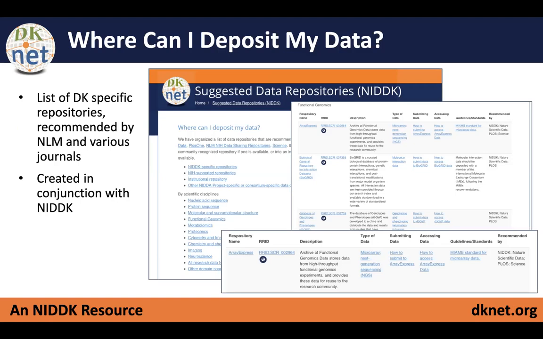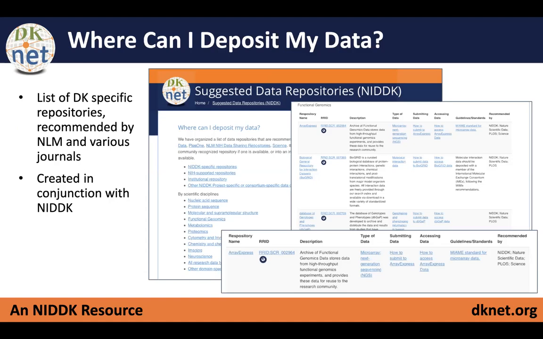You have generalist repositories, such as Figshare and Dryad, where anyone can provide data. There are other repositories that are supported or recommended by NIH institutes. And then there are also repositories that are focused on specific scientific disciplines. Journals have other recommended lists.